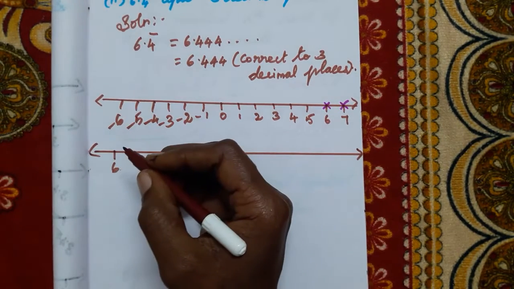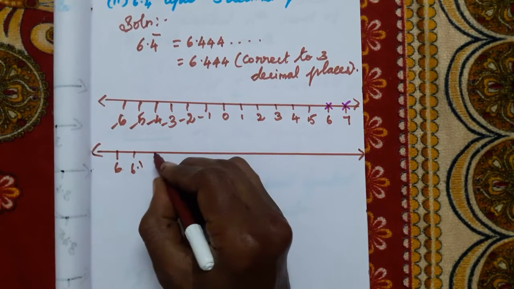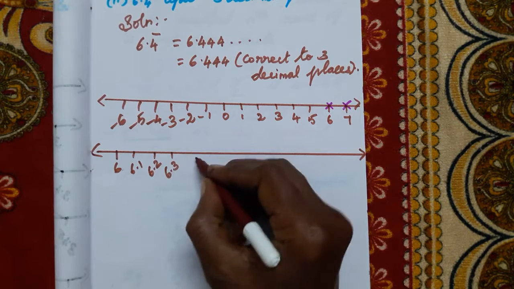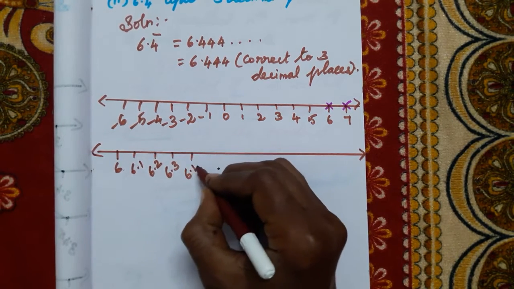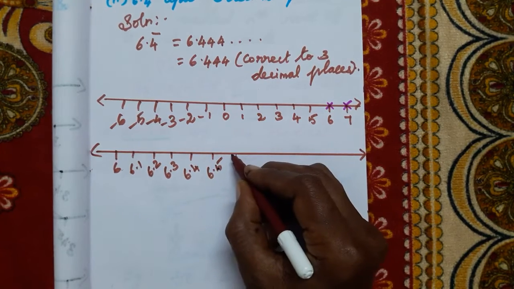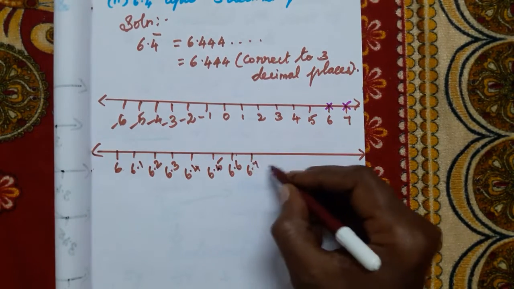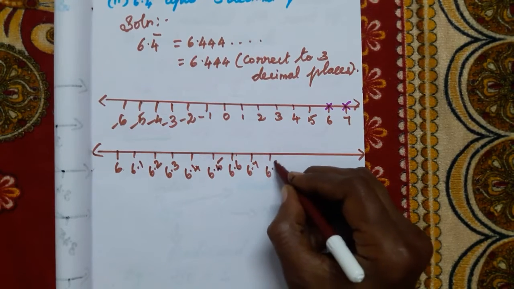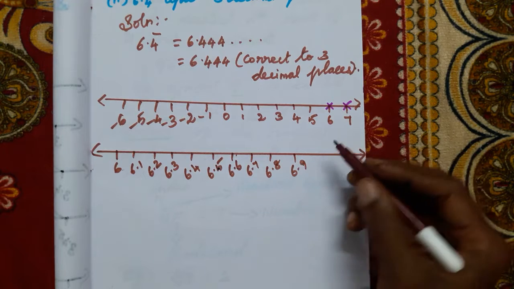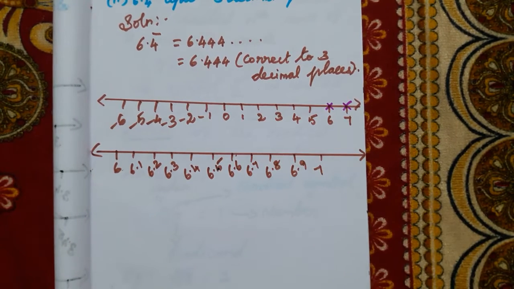After 6: 6.1, 6.2, 6.3, 6.4, 6.5, 6.6, 6.7, 6.8, 6.9. 6.9 after what number? 7.